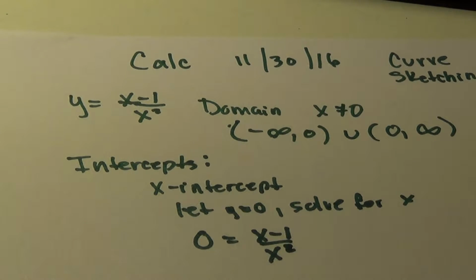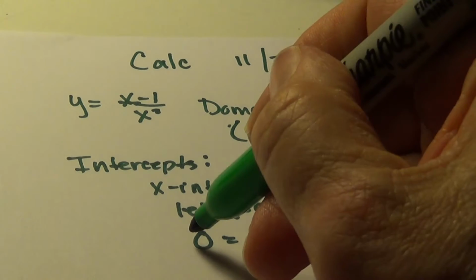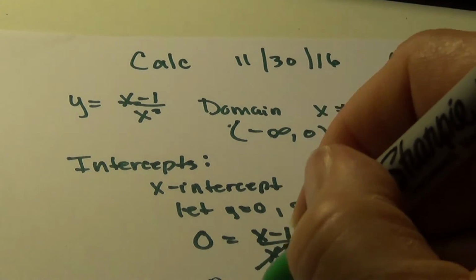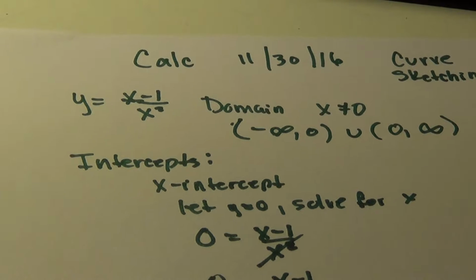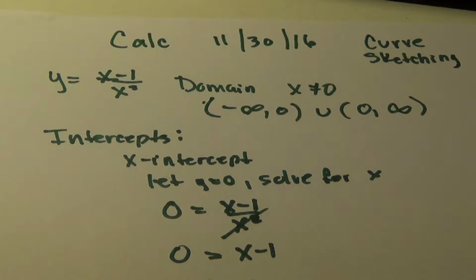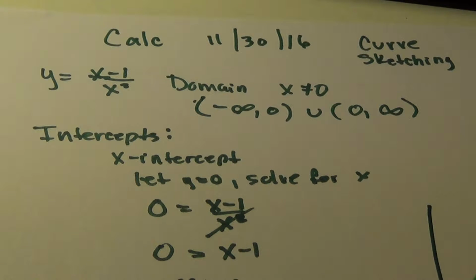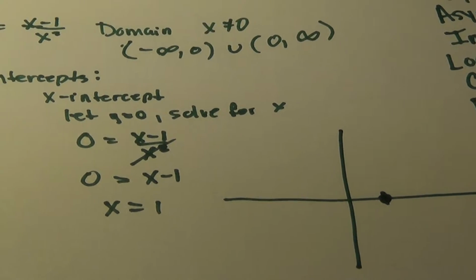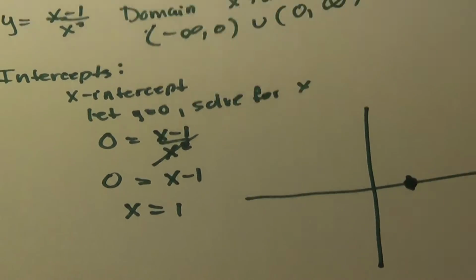Multiply both sides by x squared. And we get 0 equals x minus 1. Solving, we get x equals 1. So that is where our graph crosses the x-axis. So I'll go ahead and indicate that on a graph. Right there at x equals 1. We know 1 point on our graph. Alright, x equals 1. Now we talk about symmetry.